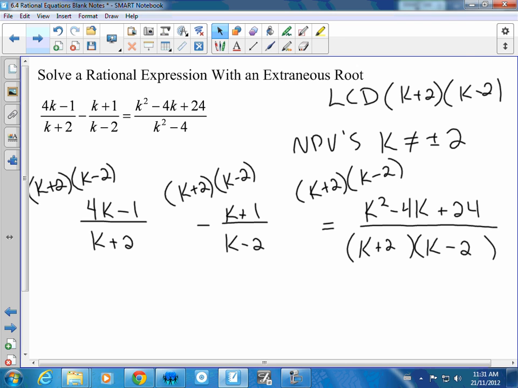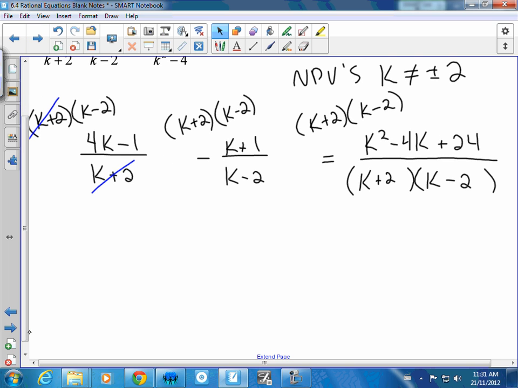Okay, what do we do now, guys? Cancel. So k plus 2, k plus 2. Okay, so the k plus 2s disappear. So if it's interesting, in this case, what are you left with?